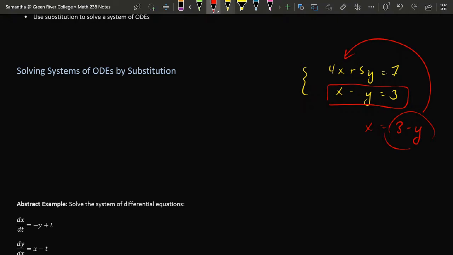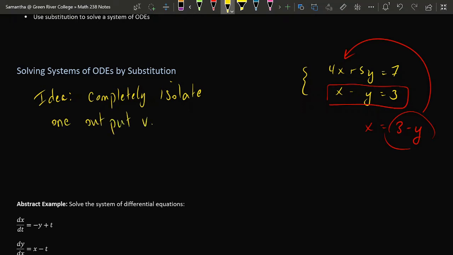In the differential equations world, the method of substitution works almost exactly the same way. The idea is to completely isolate one of the output variables in one of the equations that you are given, and then plug that expression into the other equation.